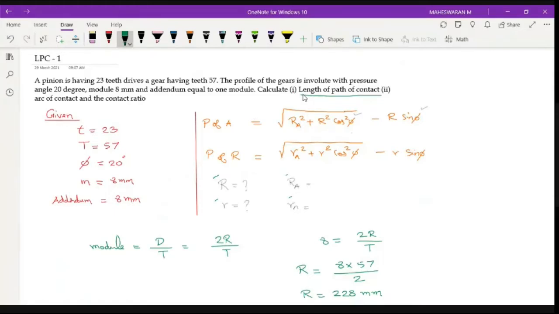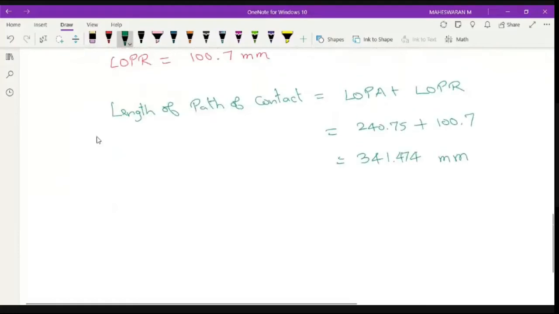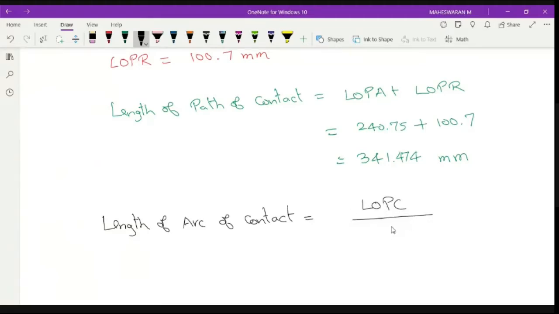Next, we have to identify the arc of contact, right? So what you have to do is LOP divided by cos phi. So length of arc of contact is nothing but the length of path of contact, LOPC, divided by cos phi.